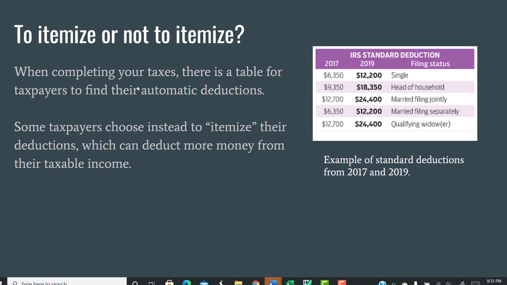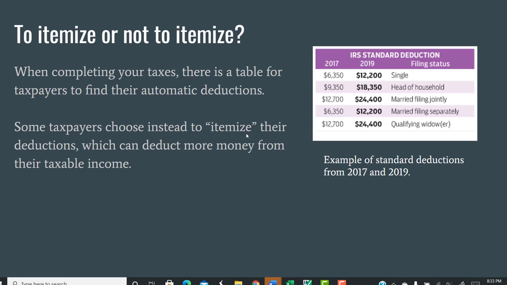If you would prefer to itemize. So some taxpayers, especially if you go to an accountant, you might be more likely to itemize your deductions. Now, it's honestly not usually a teacher. This would be if you own your own business. It's often better.